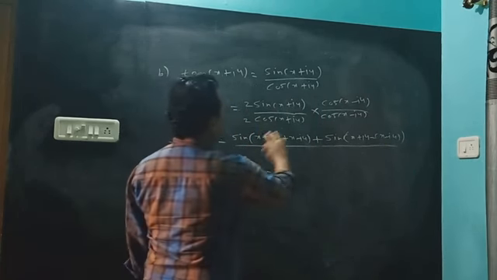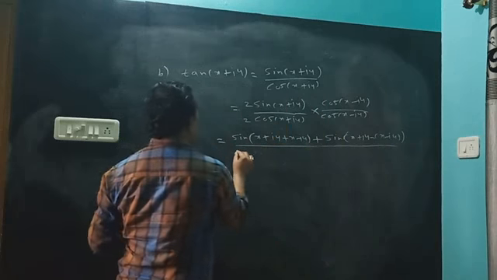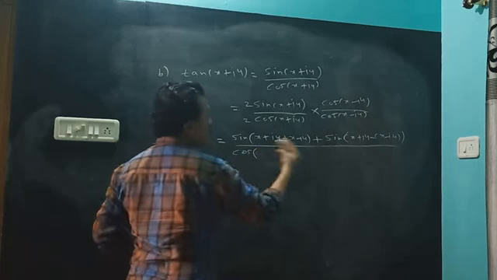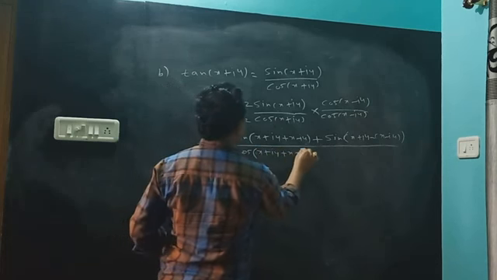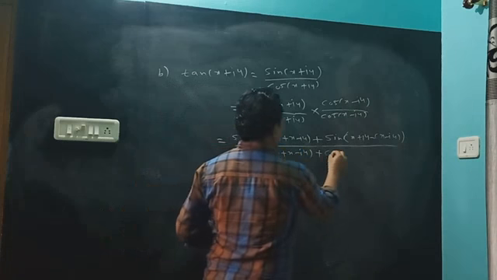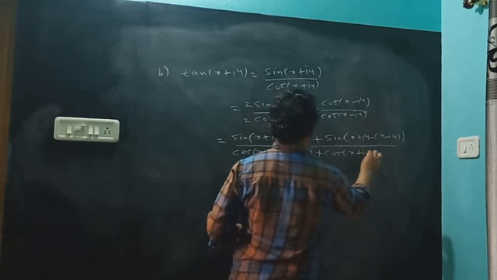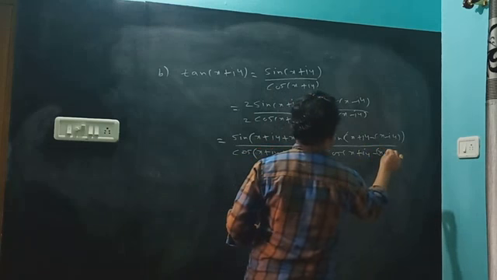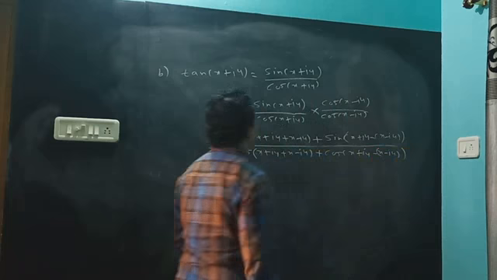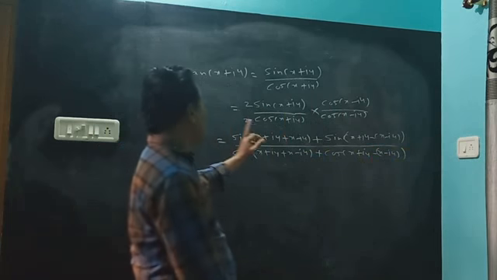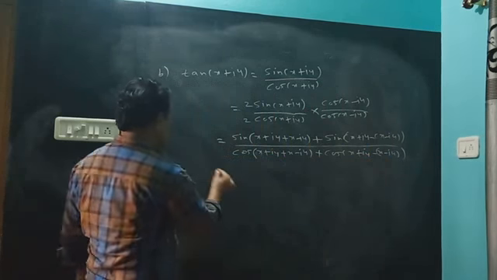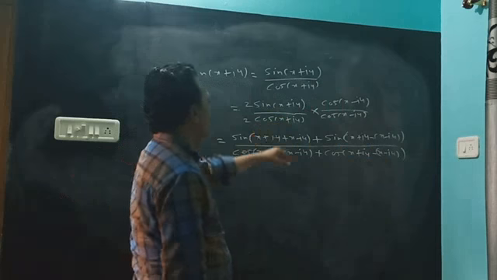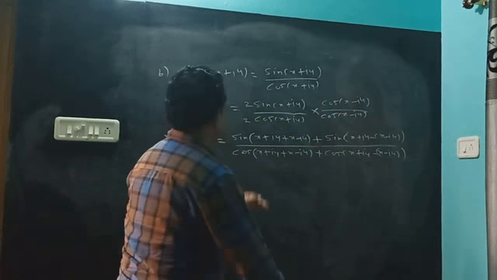Sin cos, sin addition, cos addition, cos of x plus iy, x minus iy plus cos of a minus b. Sin cos, sin addition, a plus b, a minus b, and here cos addition.